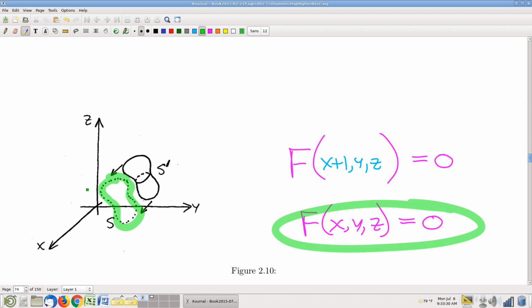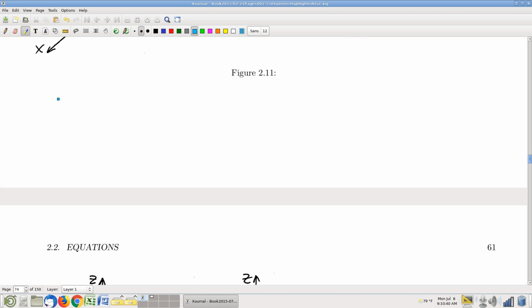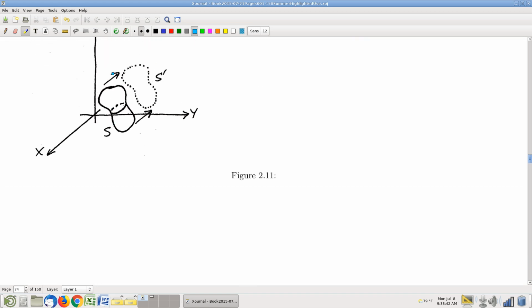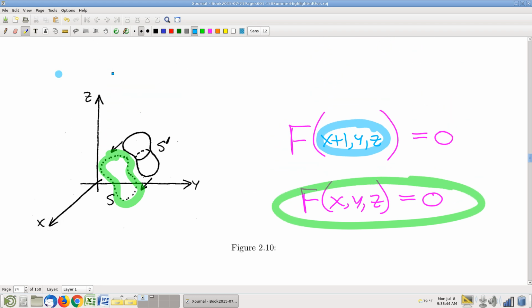Remember, I know what this does. This idea of replacing x with x plus 1, that's going to take wherever I might happen to be, oh gosh, my elbow hit the thing again, I'm sorry. Wherever I might happen to be, that's going to move by a distance of 1 in the x direction.